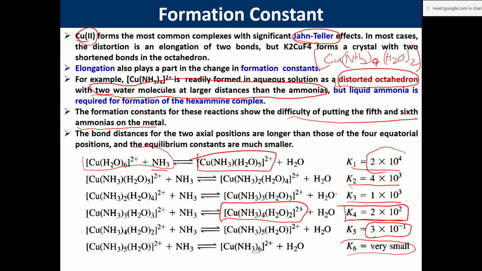This is due to the Jahn-Teller distortion that we have seen already. The bonds along the z-axis are elongated, and this elongation has a role to play in the formation constant here. The fifth and sixth NH3 are very difficult to put in, and practically they are not found.